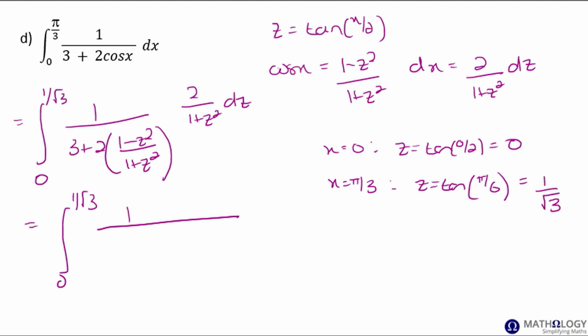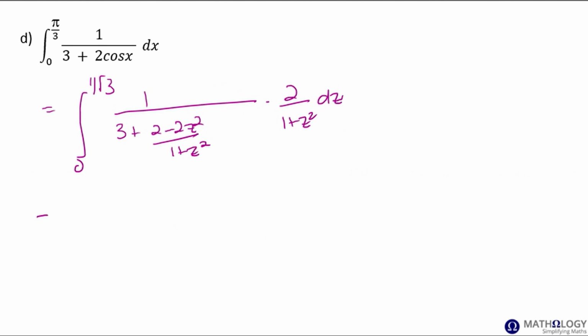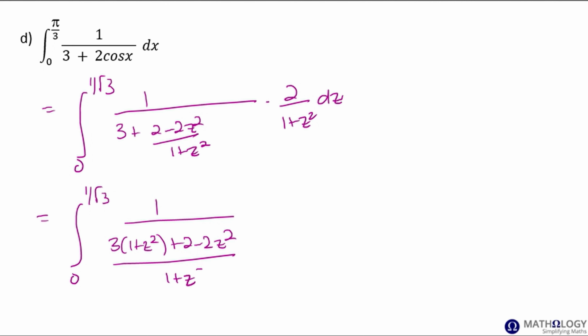Okay, get a denominator. We get 1 over (3 + 2 - 2z squared) over (1 + z squared), times 2 over (1 + z squared) dz. That's 1 over (3 times (1 + z squared) + 2 - 2z squared) over (1 + z squared).